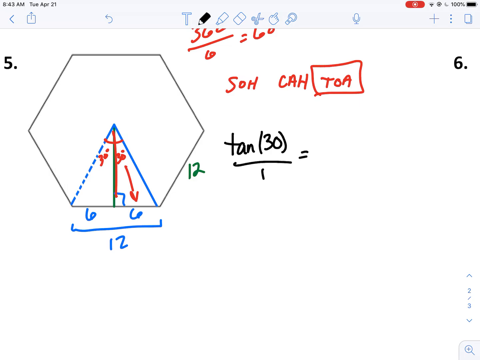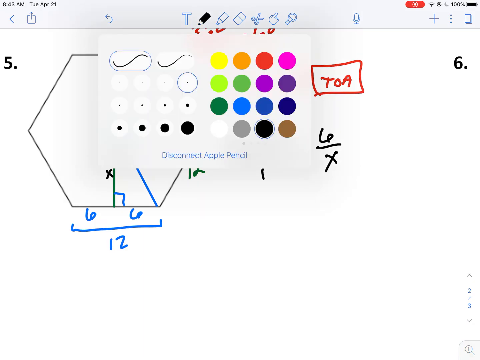Let's do this in black. So tangent of 30 over 1 is going to be equal to the opposite, 6, over adjacent of x. And this is what I want.